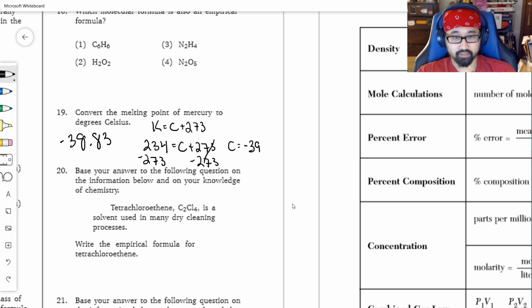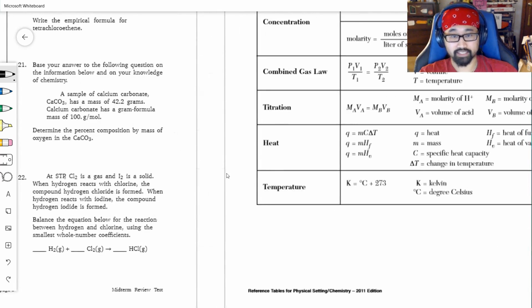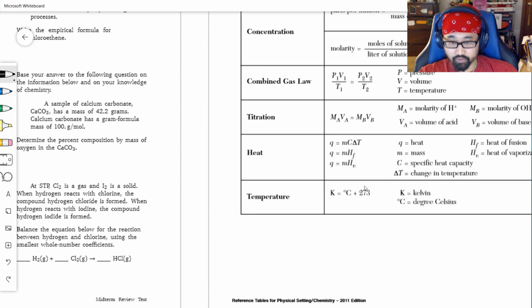Very specific. Oddly specific. And I thought at first maybe I had forgotten something. Maybe I misread the reference table. Maybe I used the wrong version of the reference table. So I looked at the reference table again. At the temperature conversion, it's 273. Right. Technically, if we're being very precise and exact, and I'm doing this in a real lab where the settings are calibrated to certain amounts, then it would be 273.15.